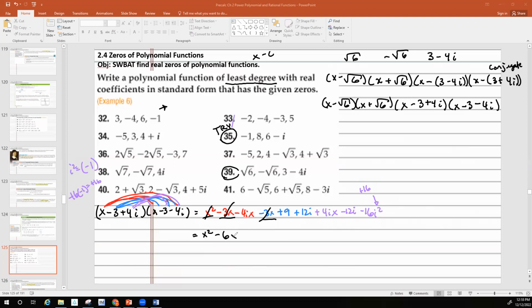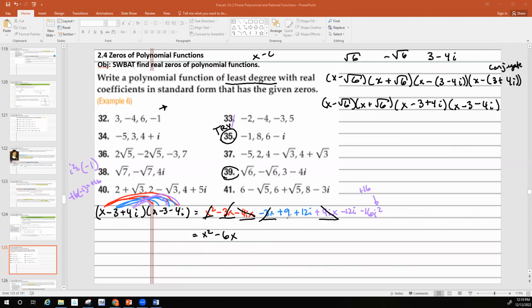So minus 6x. And now let's do the ones with the ix's. We have negative 4ix plus 4ix. Oh, they cancel each other out. Yeah, which they always will, unless you did it wrong. Yeah, conjugates should cancel them out.